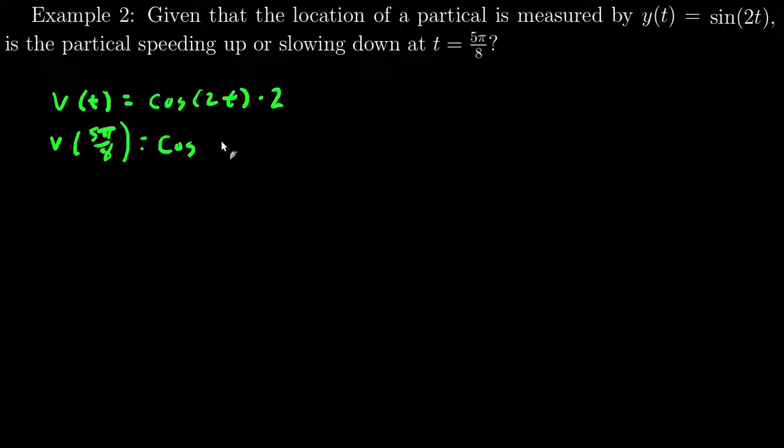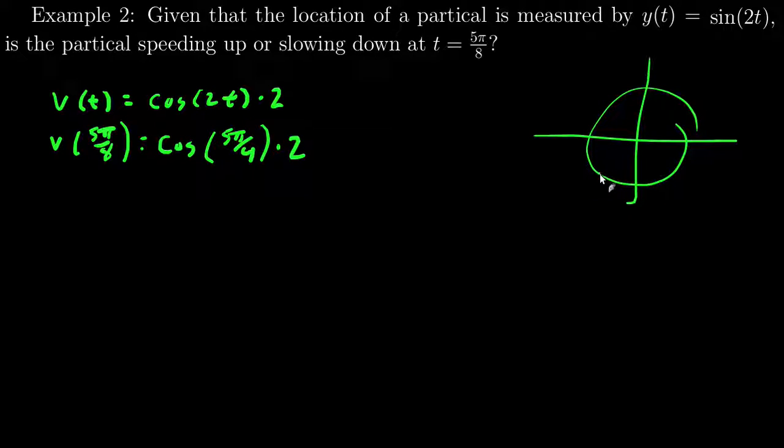Two times 5 pi over 8 is 5 pi over 4. The cosine of 5 pi over 4, let me draw the little unit circle. 5 pi over 4 is over here. The cosine, which is the x value, is negative root 2 over 2. So I have negative root 2 over 2 times 2, which is negative root 2. Now, it doesn't matter that this magnitude is root 2 for this question. What matters is it is negative.